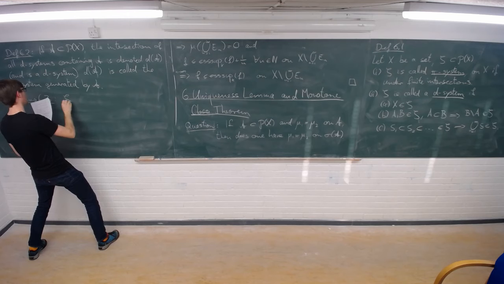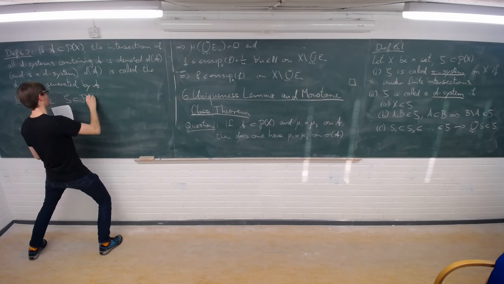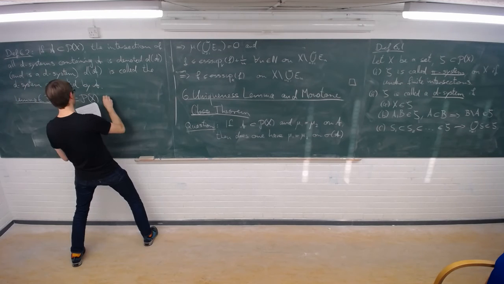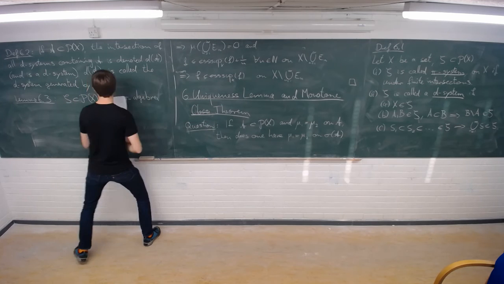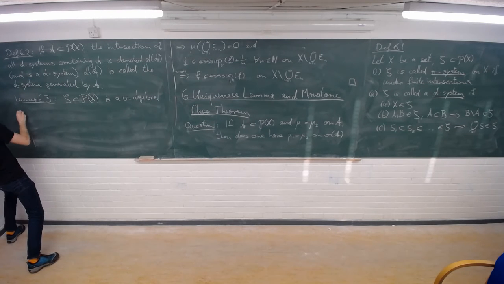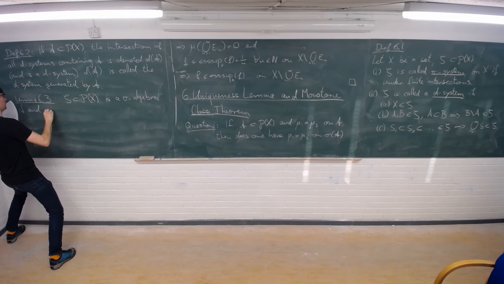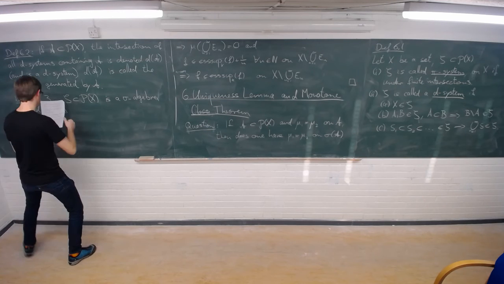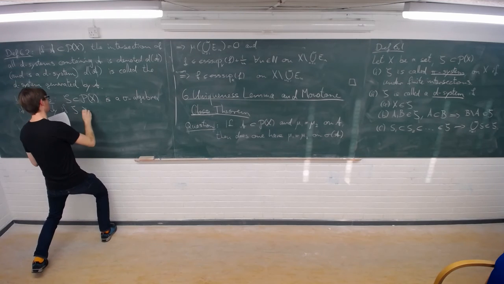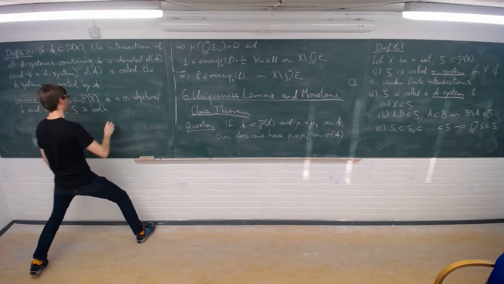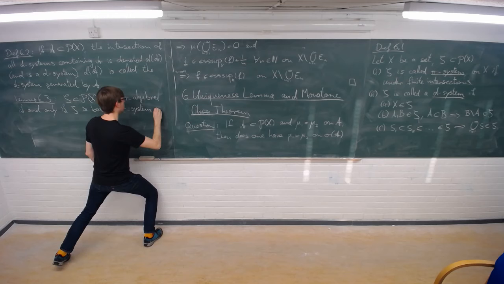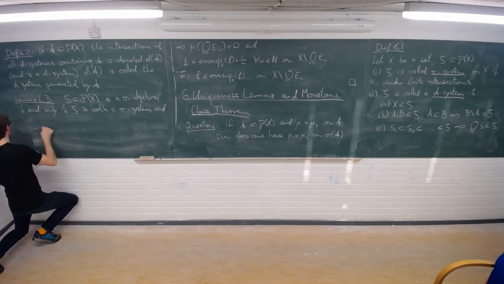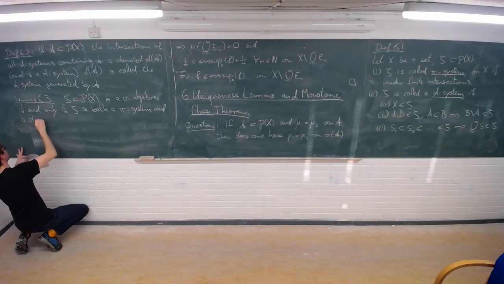If we have a set S subset of P of X, then this is a sigma algebra if and only if S is both a pi system and a D system.